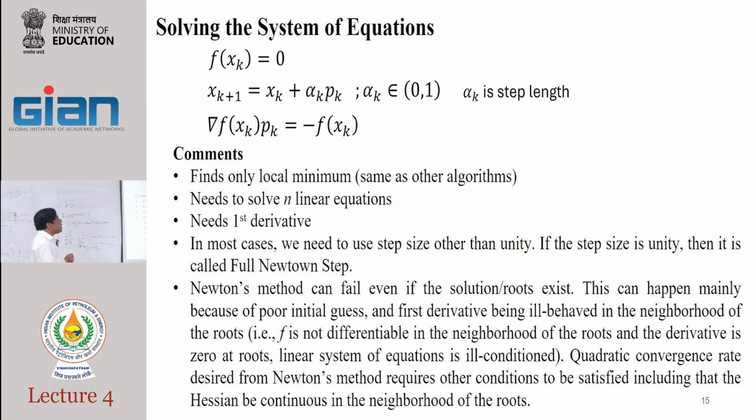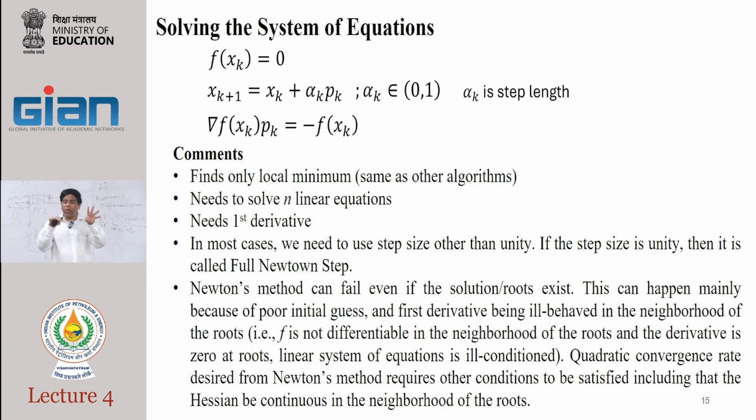The other thing is that the first derivative can be ill-behaved in the neighborhood of the roots. When you are approaching the solution, it can become ill-behaved. What does ill-behaved mean? It may not be differentiable in the neighborhood of the roots, or maybe the derivative becomes 0 around the roots, and the linear system of equations can be ill-conditioned.